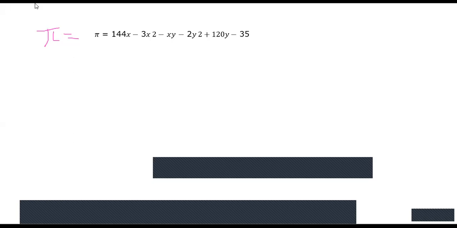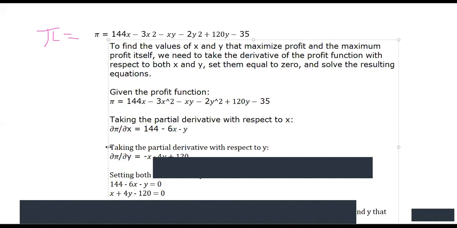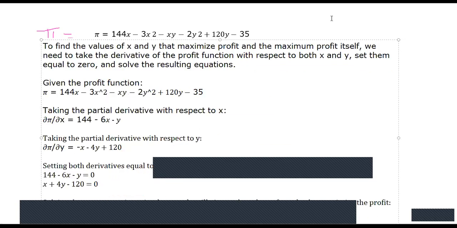You need to find the partial derivatives. Step 1, you need to find the values of X and Y that maximize the profit itself. Firstly, find the function which is already there. Then you need to differentiate it.